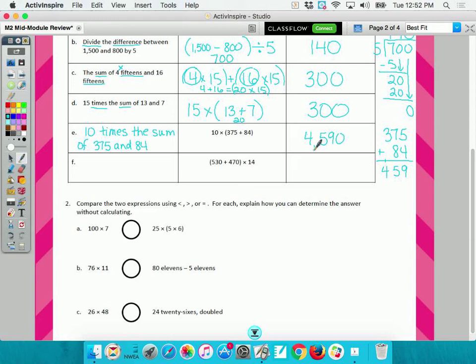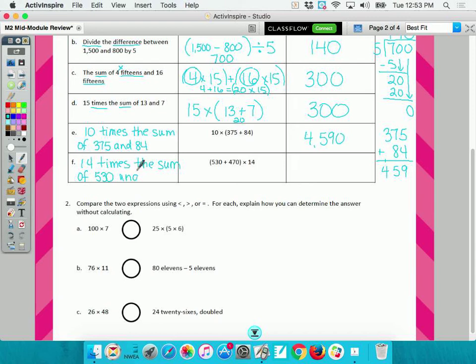Okay, Anna, what two words are you going to use here in F? Times and sum. Okay, now, I don't care what order you do it in. You can put sum first, like it is in the problem, Daniel, or you can put times first, like we did in the others. Okay, 14 times the sum of 530 and 470.